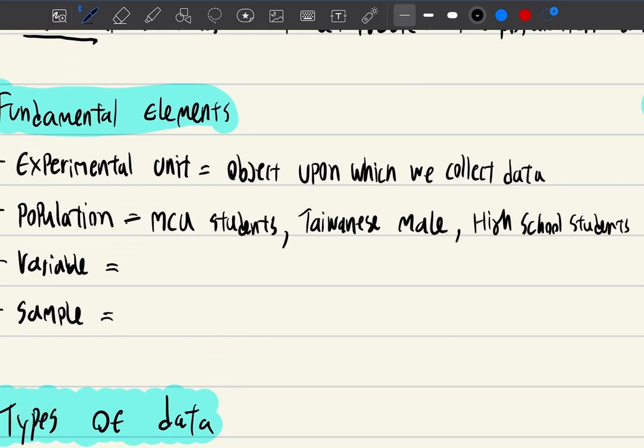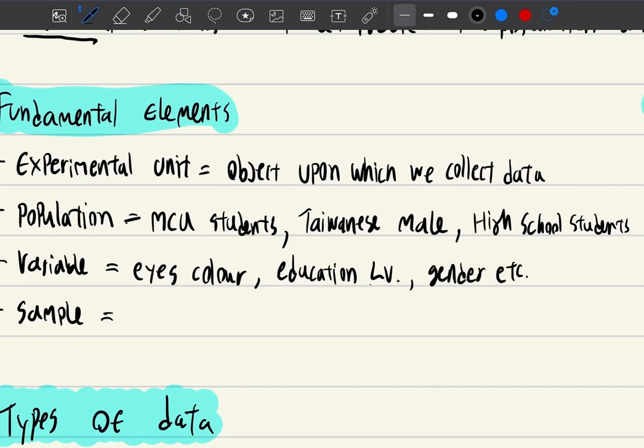And the variable is a characteristic of the experimental unit. The variable is a characteristic of the experimental unit, for example, eye color, education level, or gender, etc. And a sample is a subset of the population.